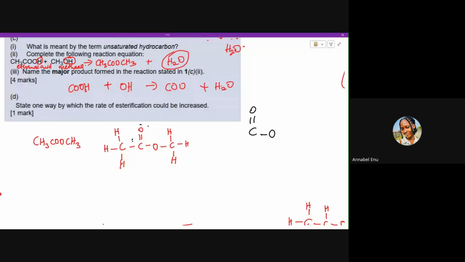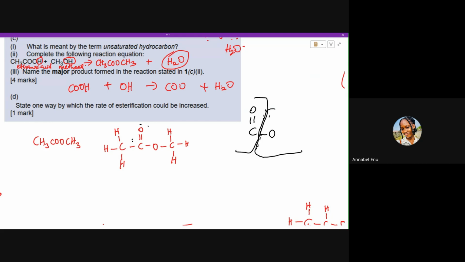So what we are going to do, this ester is made of the part that was donated by the carboxylic acid and the part that was donated by the alcohol. So if you are to name this, we would divide this functional group into 2 sides, ensuring that one side is beginning from the oxygen and the other side is carrying the carbon and oxygen.